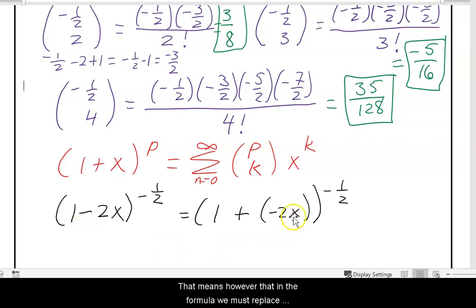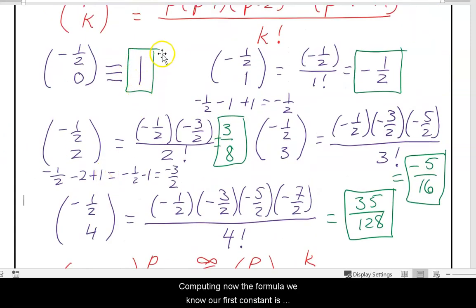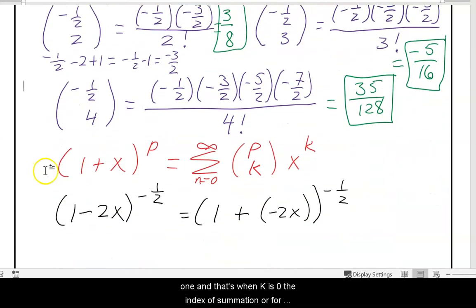That means, however, that in the formula we must replace the x with negative 2x. Computing now the formula, we know our first constant is 1, and that's when k is 0, the index of summation, or for us, in the form I've written here, n, but really that should be k.